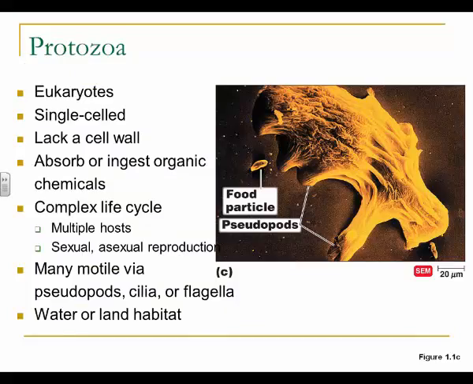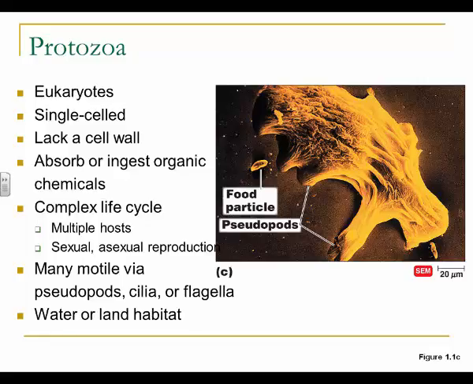Protozoa are kind of the leftovers of what biologists couldn't quite find a group to categorize in. They're a very diverse group, but they are unified in that they are all unicellular and they all lack a cell wall.